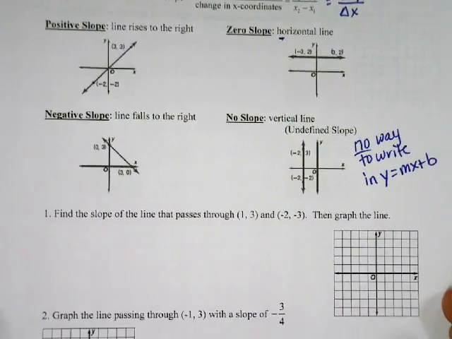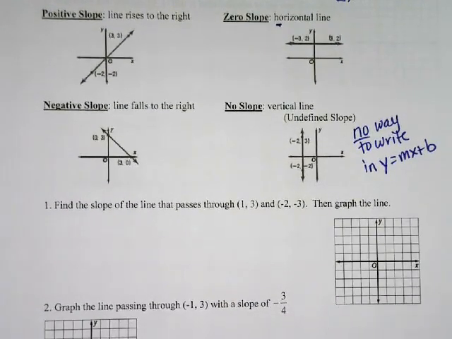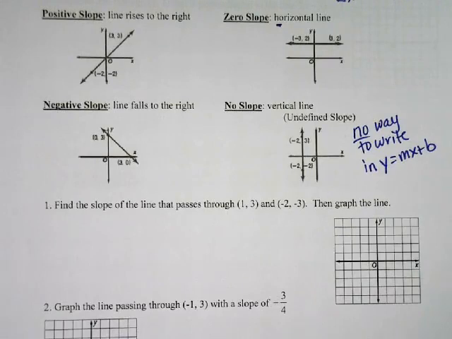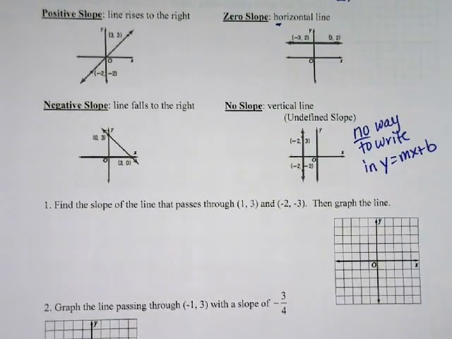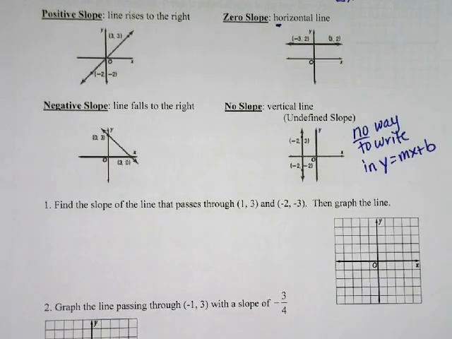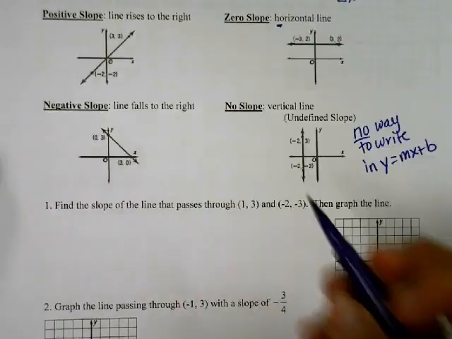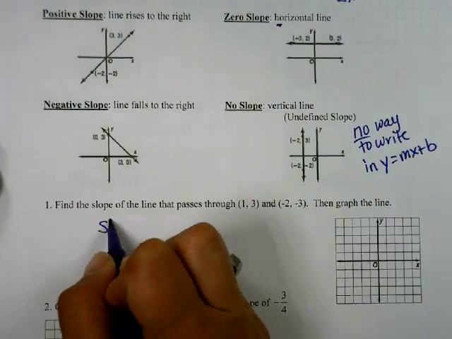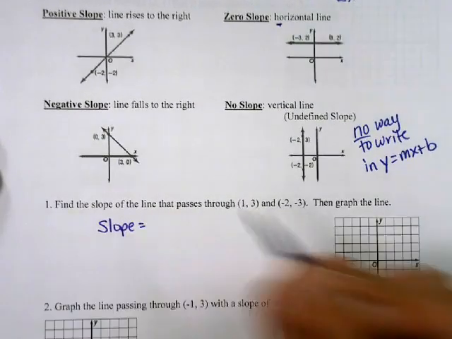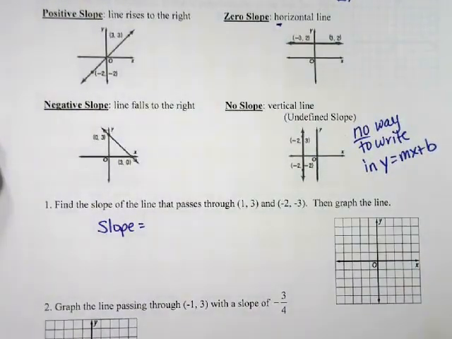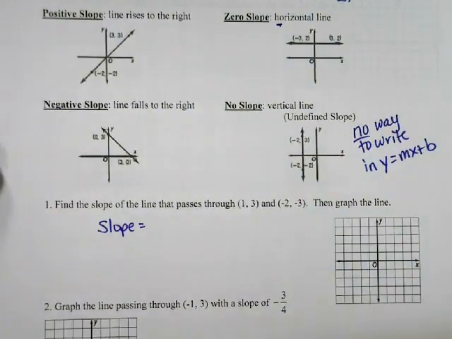Okay, so number 1 says find the slope of the line that passes through (1, 3) and (-2, -3). There are really 2 ways to do this. You've got a graph here and we've got some room to do it, but we can use the formula. The slope formula says I'm going to take the difference in my y's divided by the difference in my x's.